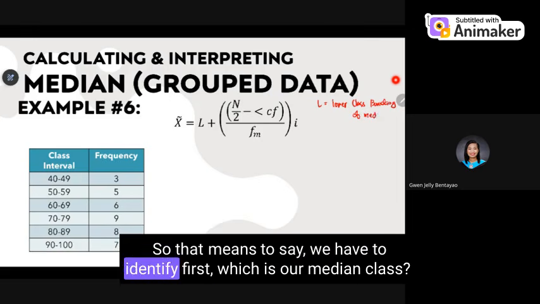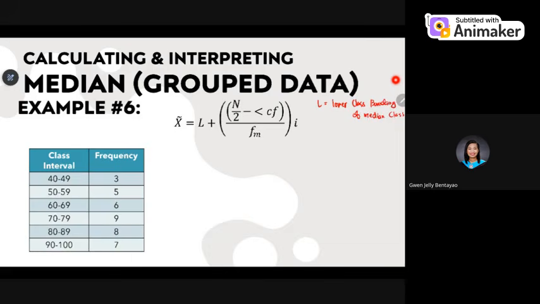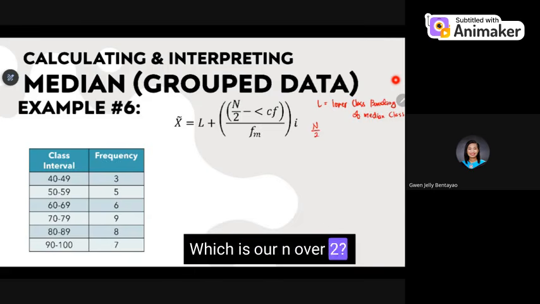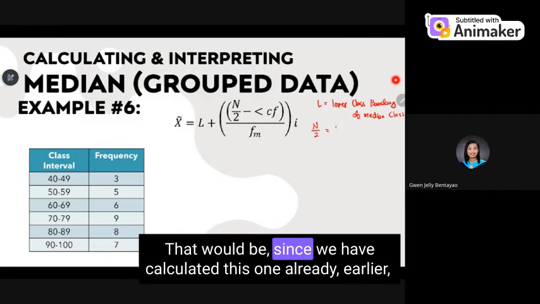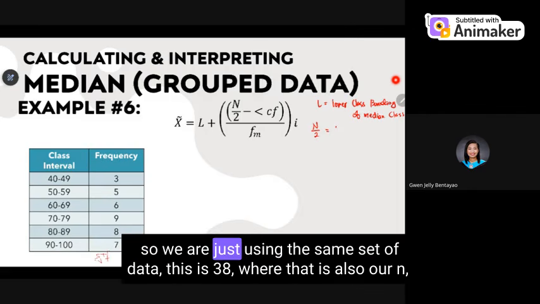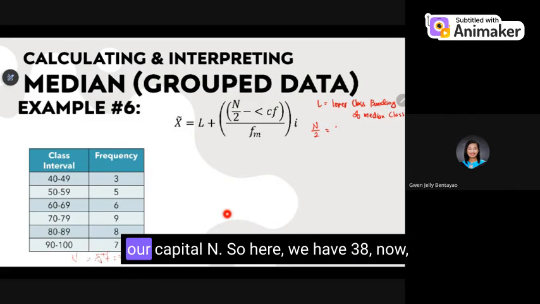So we have to identify first which is our median class, which is our n over 2. Since we have calculated this one already earlier, we are just using the same set of data. This is 38, or that is also our capital N. So here we have 38 divided by 2.